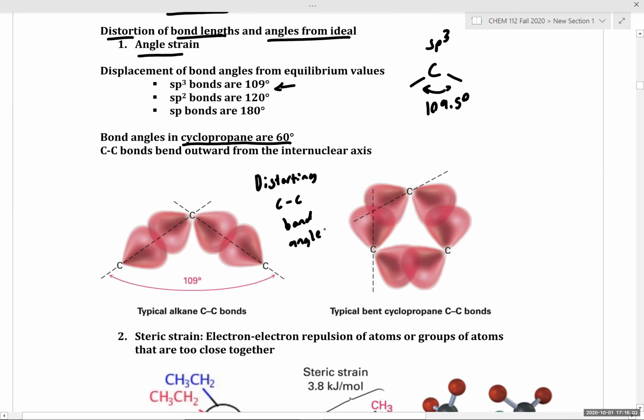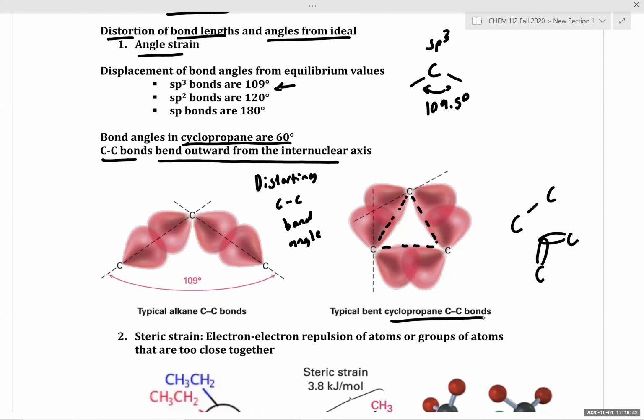And as a consequence, if we were to look at our cyclopropane system, our carbon-carbon bonds actually bend outward from the internuclear axis. So rather than having a direct overlap, what is occurring is we have an overlap that is bent away from the internuclear axis. And in turn, our cyclopropane carbon-carbon bonds are heavily distorted.